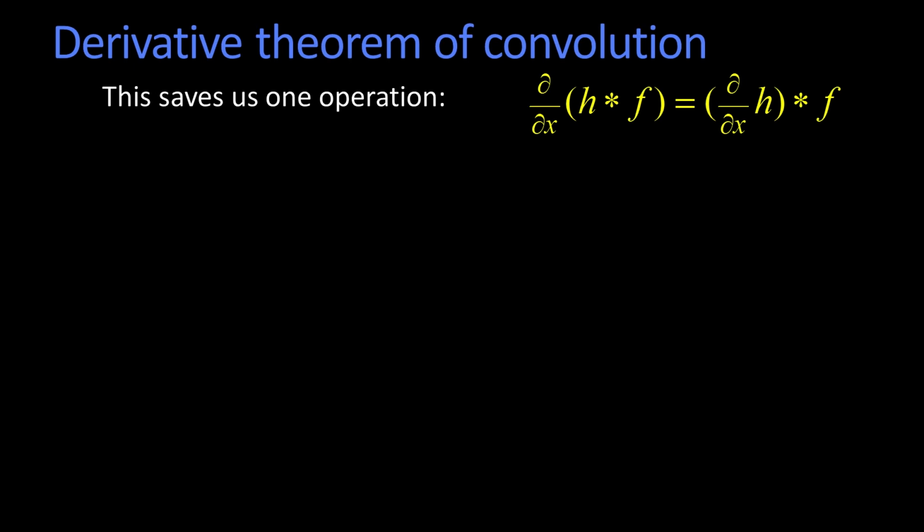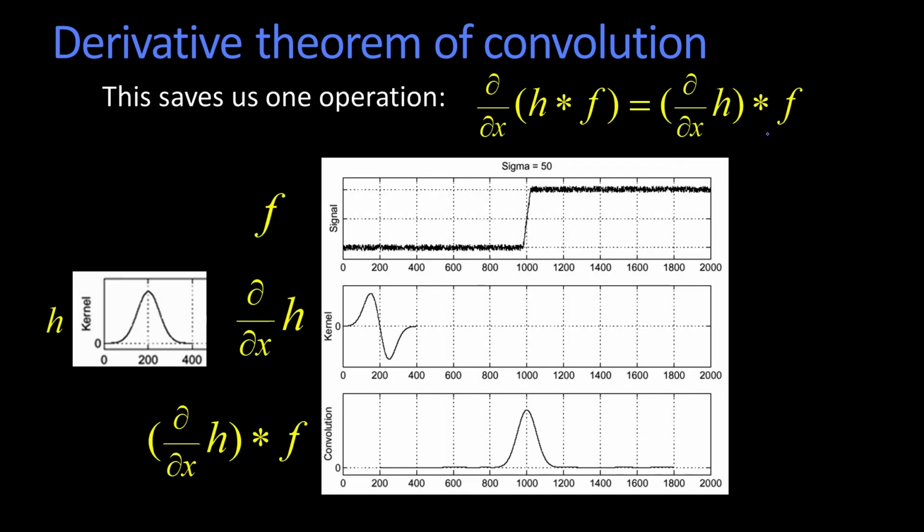Before we go ahead and do that, remember this whole notion of associativity and linearity, etc.? We can save ourselves an operation because the derivative of H convolved with F is the same as the derivative of H convolved with F. So what does that look like when we're doing this edge detection? It's the following. So here we have the same F that we had before. Now I take my H and I take the derivative. That now looks like this.